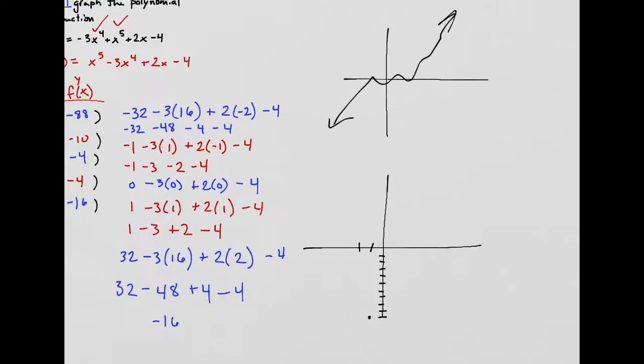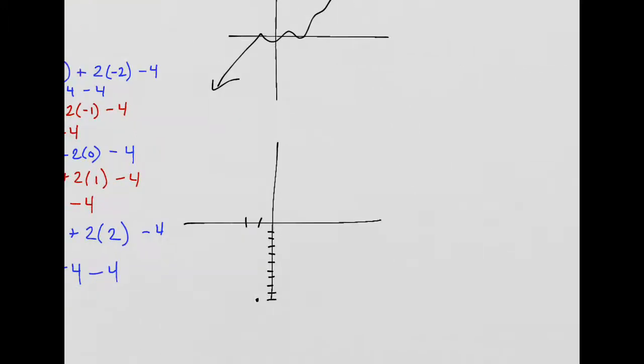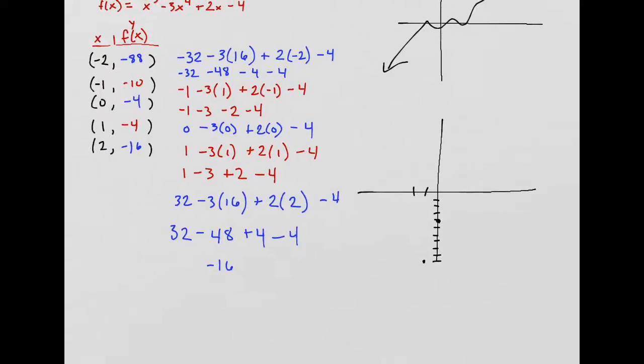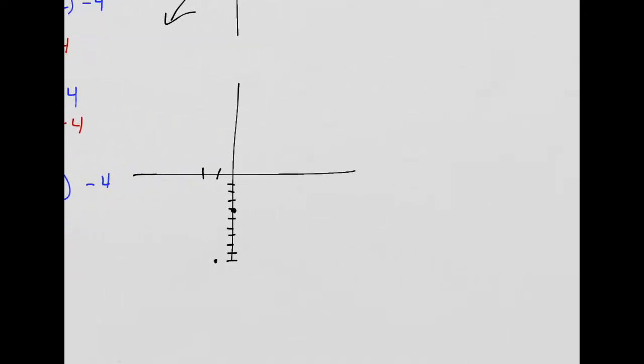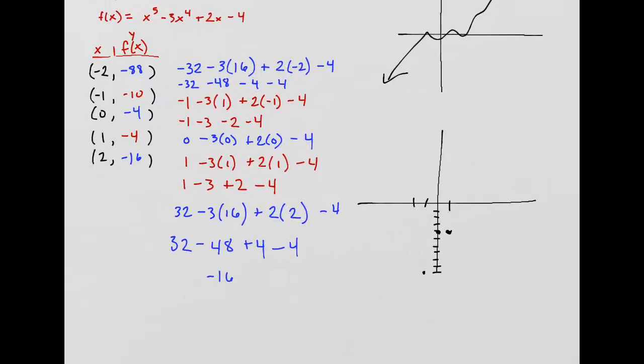So that's that point. Very easy. 0 comma negative 4. 0, that means I don't move at all. And then I go down 4. Now I'm just plotting the ones I can. If they're way off my graph, I'm not going to plot them. And then 1 comma negative 4. Oh. And then 2 comma negative 16.